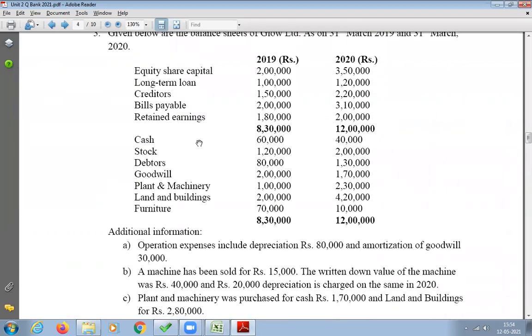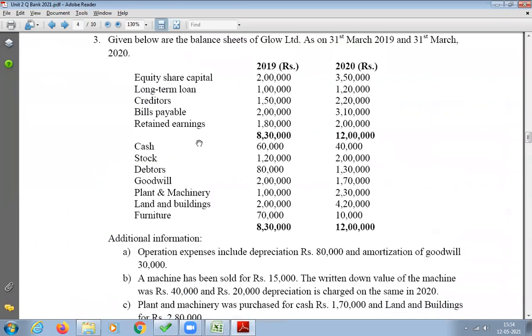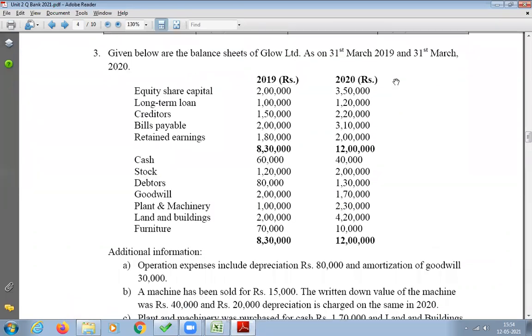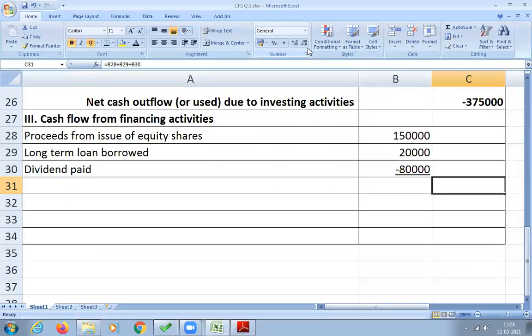I'll discuss why it will not be considered. If it is a general reserve, you have to consider it in the operating activities, which you might have forgotten. Retained earnings you should not consider, because retained earnings are retained after paying tax and interest. If it is a general reserve, which is set aside before paying the dividends, that you can do. Anyway, we'll discuss that.